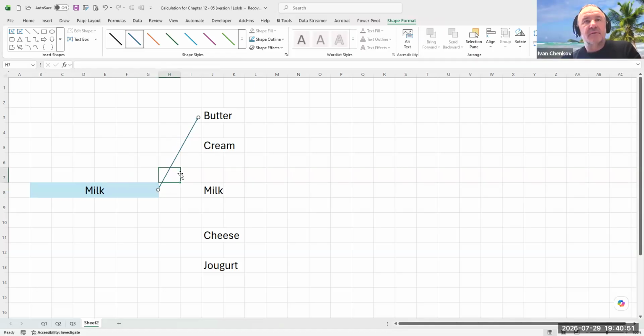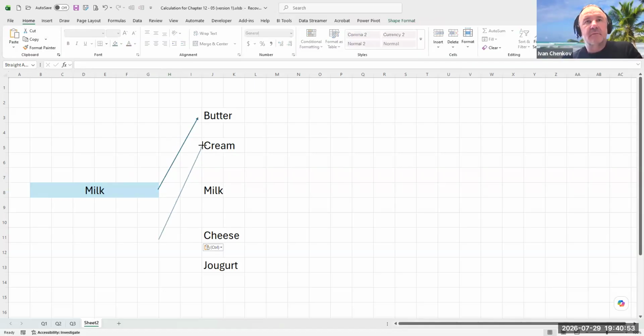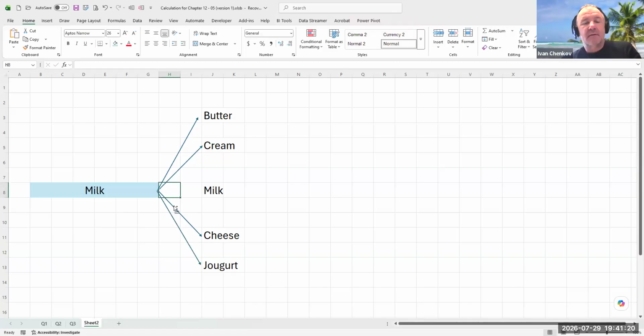One, and that will be two, and then we're going to have three, cheese here, and the last one will be yogurt. And put one here for the milk.